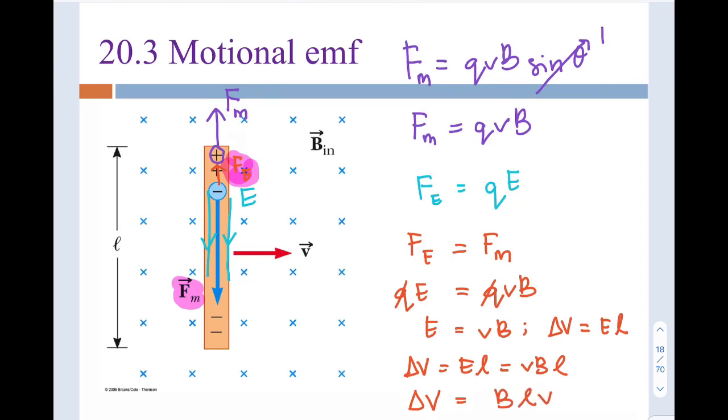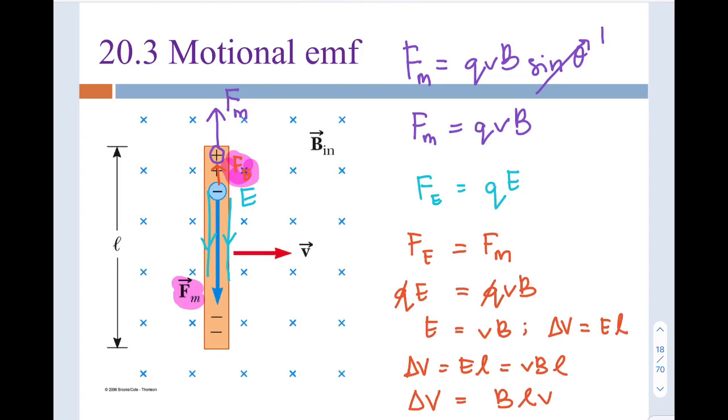What is the unit of delta V here? It must be in volts, provided that the rest are also in SI units, where B must be in tesla, L in meters, and velocity in meters per second.